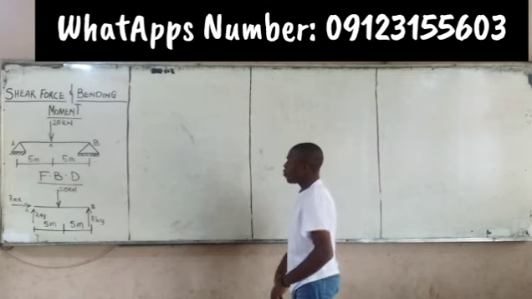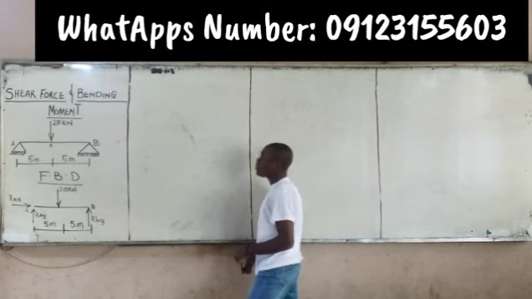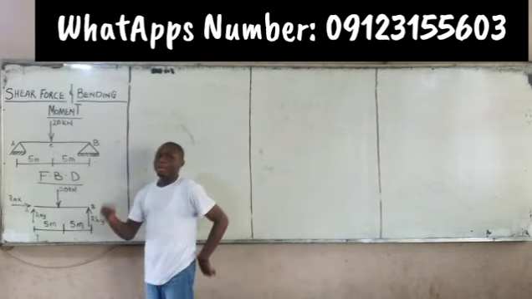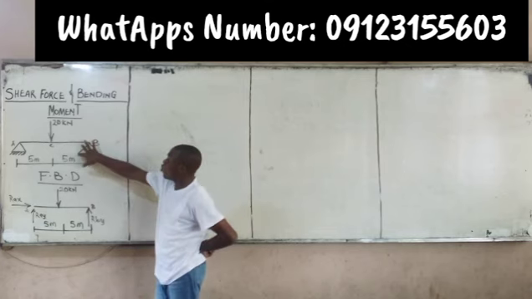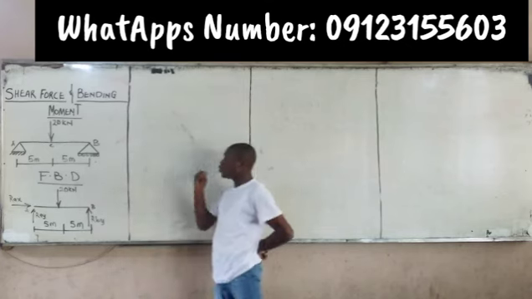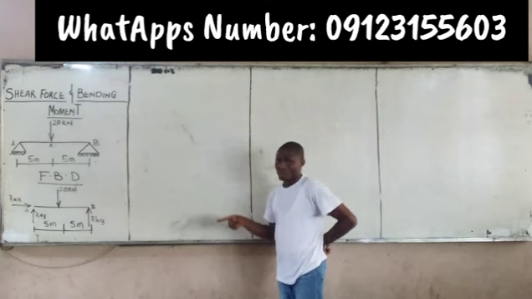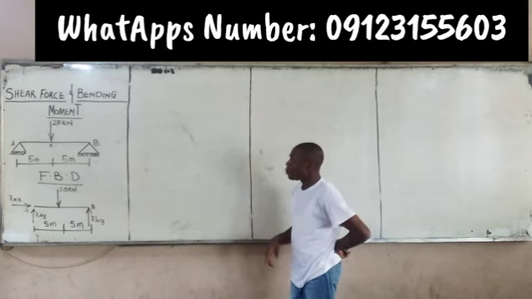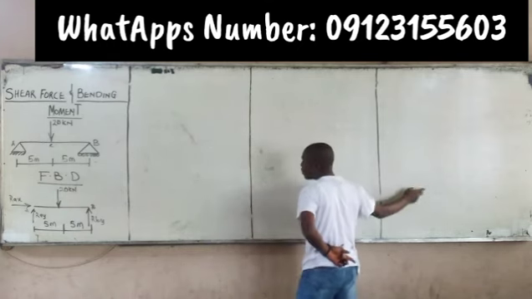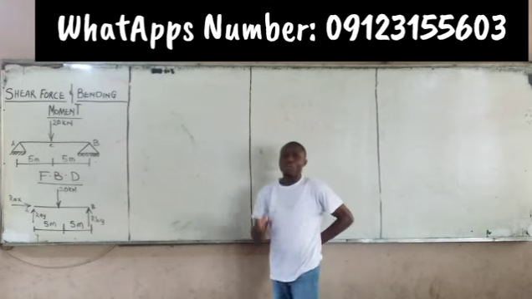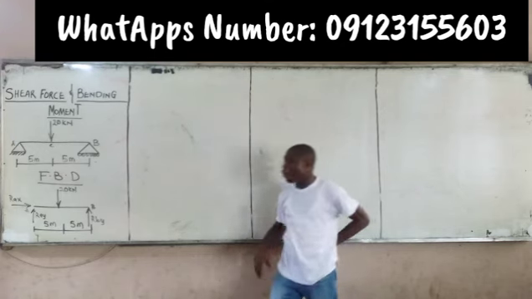To draw the shear force and bending moment diagram for this figure, your first step is to know your RA and RB. So let's get RA and RB using the conditions of static equilibrium. What's the first condition of static equilibrium?